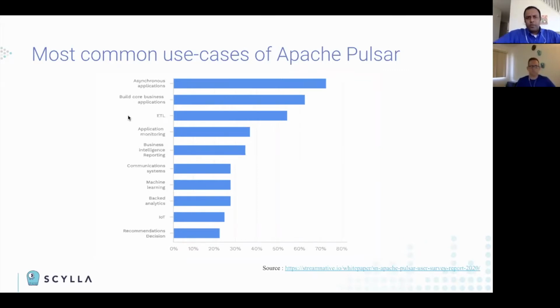The most common one seems to be various asynchronous applications, which typically consist of various microservices. A lot more detail is available in the URL that I've listed below.